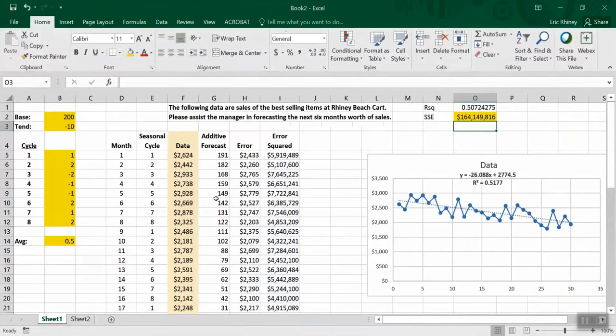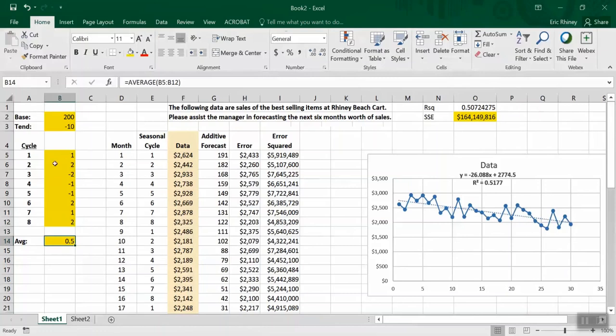Oh, I'm sorry. One other thing that I want to add in here is this average. I mentioned this earlier, and I'm coming back to it now. Depending on the type of analytical procedure we're doing, this time we're doing the additive. What we want here is for the overall seasonality to not have an impact.